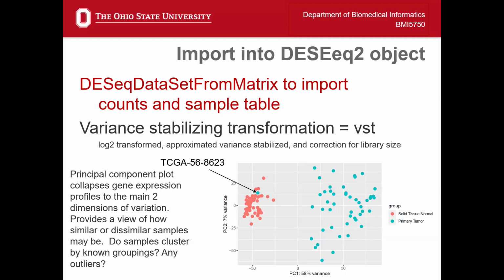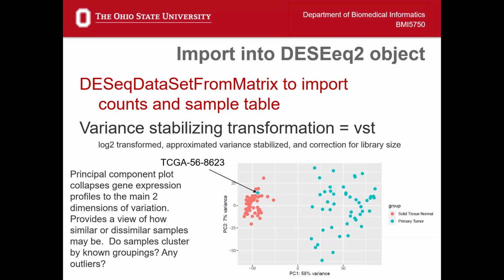It provides a view when we plot these 2 measures, which describe most of the variation in our data set. We can take these two measures and plot them, shade them by the sample information that we have, and get a view of our data.